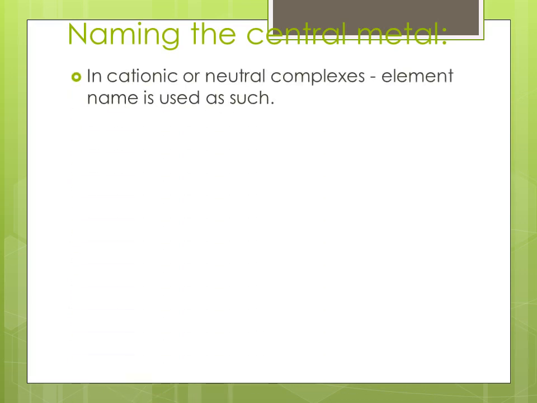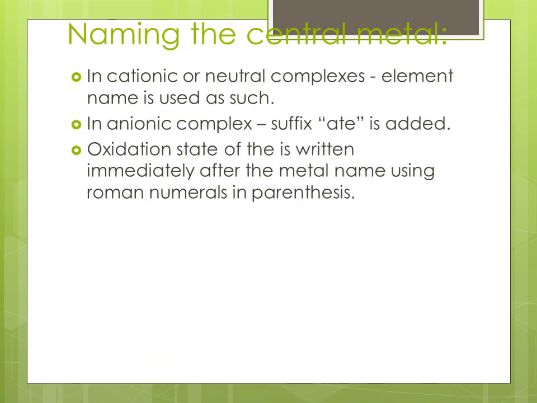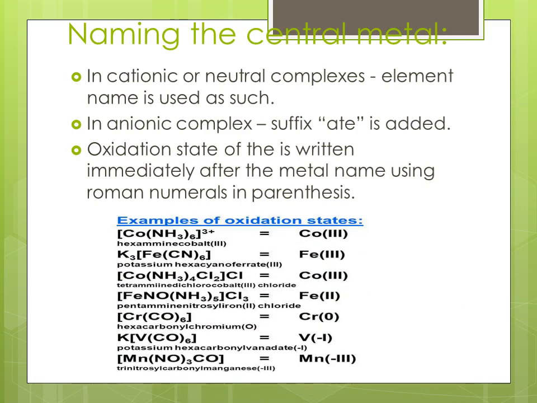Next, how to name the central metal atom or ion. In a cationic or a neutral complex, the element name is used as such. That is, the central metal atom name should be used as such. So let's take a few examples.